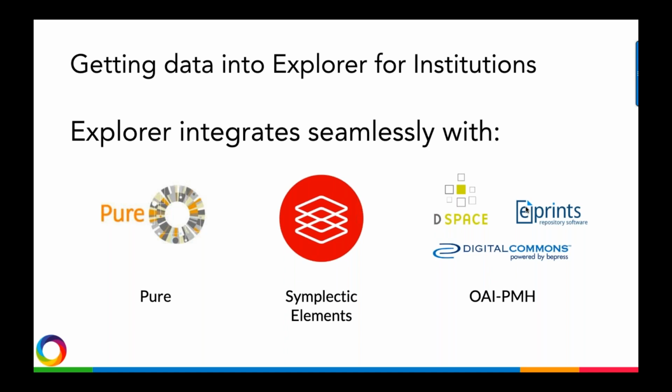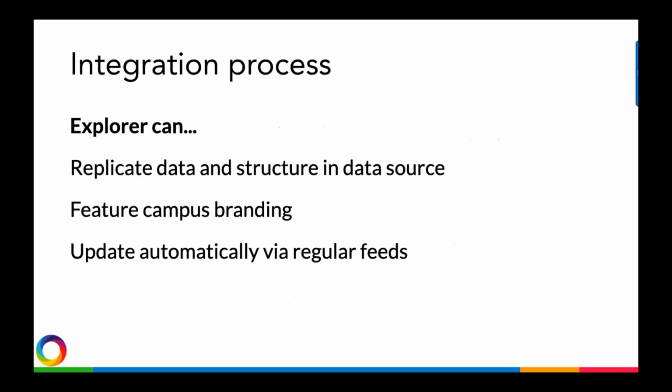And so we then integrate seamlessly with those. We have connectors that pull the departmental structure and the identifier and the author name, and we then replicate it so that that institution, when they log into our system, will see their departments, their authors, however they have structured their research footprint in their databases.